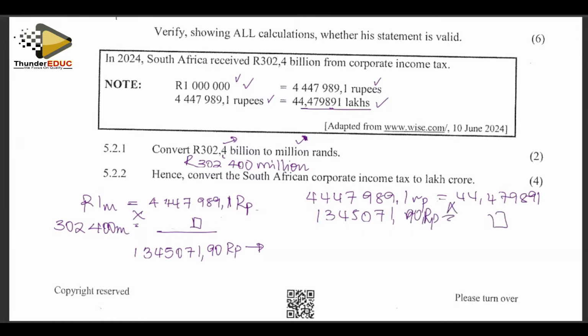Cross multiply. And you divide it by 4,447,989.1. And you have it as this much. These are the Lakhs.